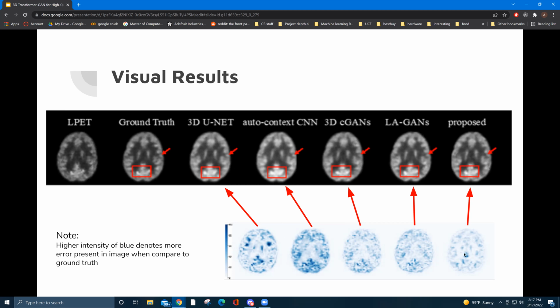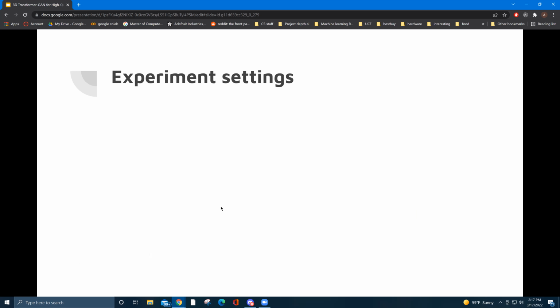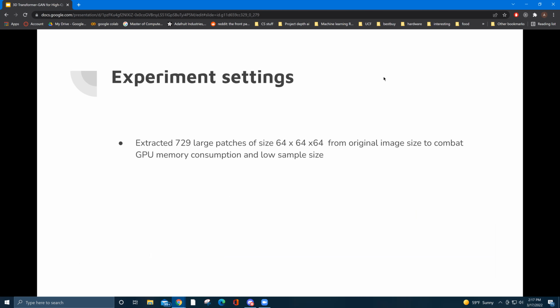So for the experiments, since they're using a small data set, they extracted 729 large patches of size 64 by 64 by 64 from the original image size. They did this so they could reduce GPU consumption, and also to help with that low sample size. They used a leave-one-subject-out cross validation.